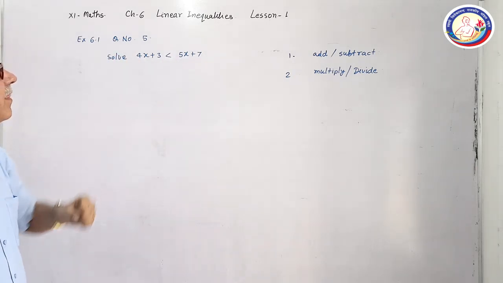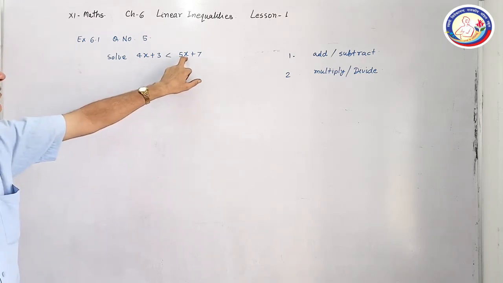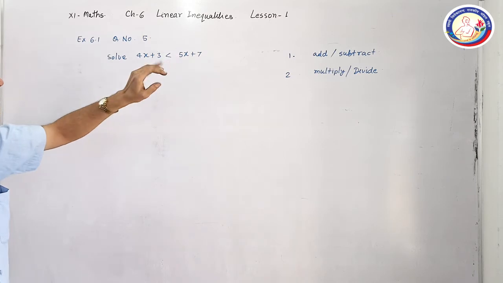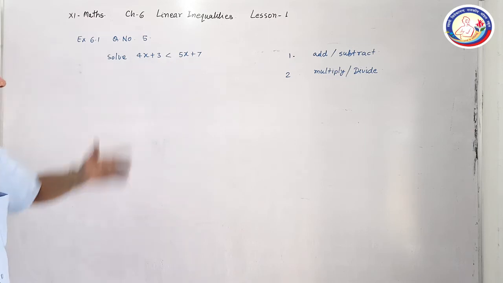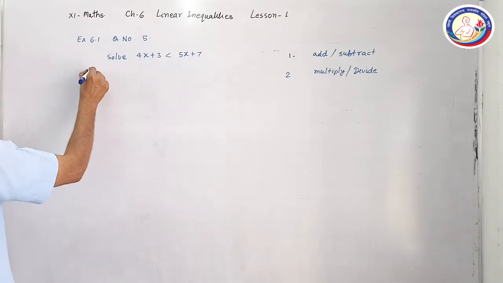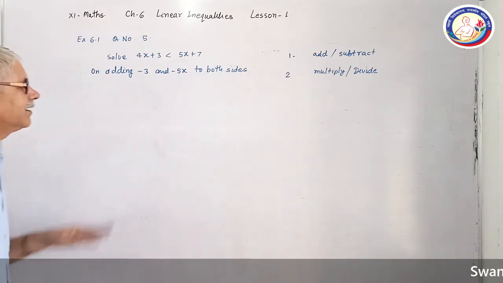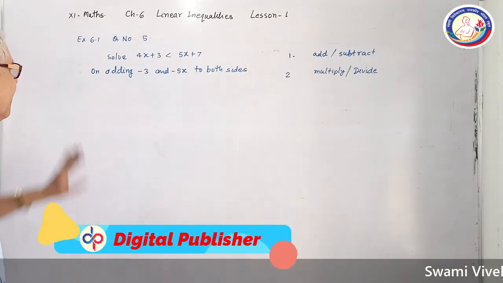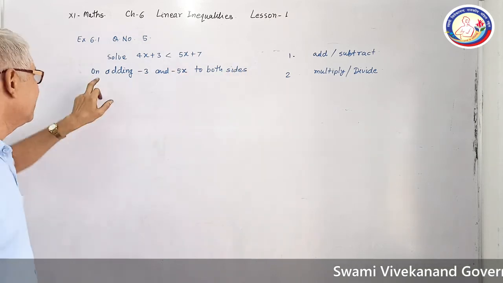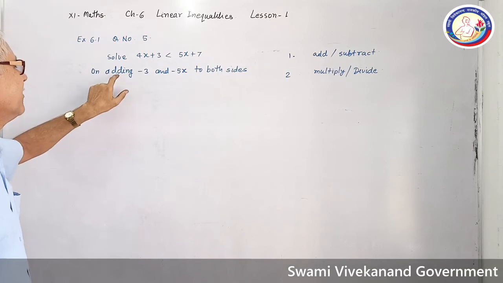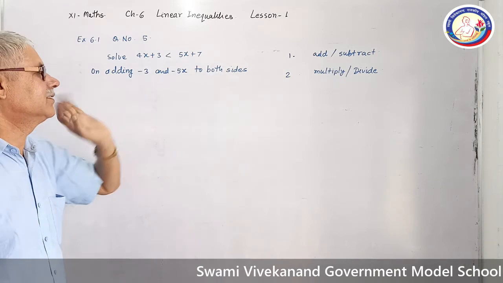So how can we remove this 5x from the right hand side and then this 3 from the left hand side? So add to both sides, or we can write it as subtracting 3 and 5x from both sides. We can write it as adding minus 3 and minus 5x respectively to both sides.